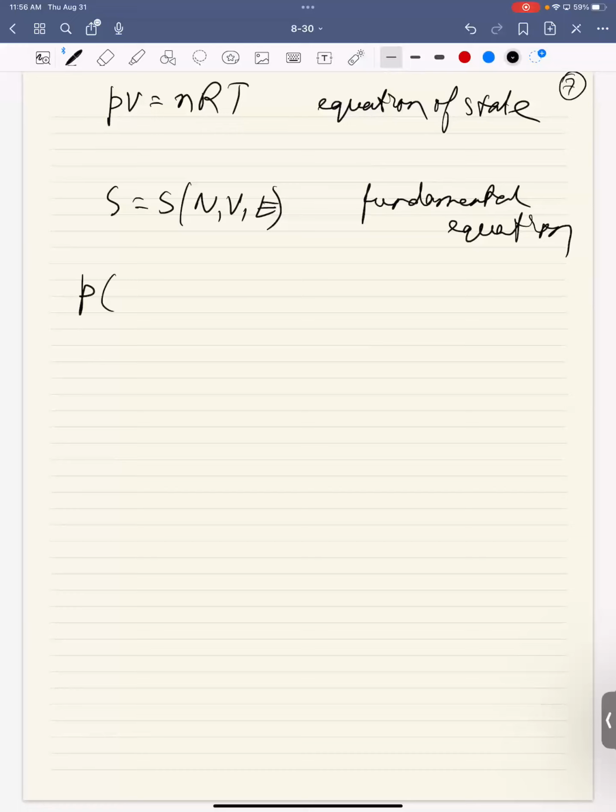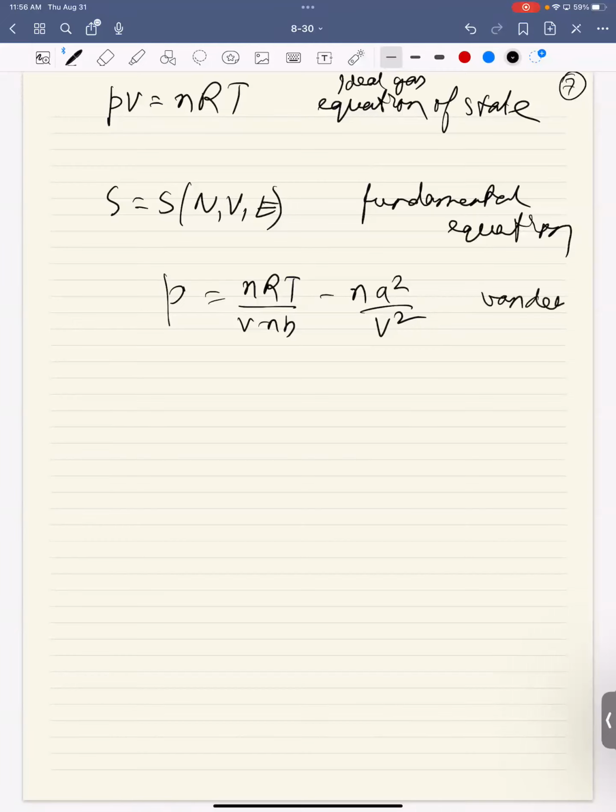Van der Waals says that no, they are not just point-like, and there is some attractive force between them. Right? This is the Van der Waals equation of state. So this is the ideal gas equation of state, and this is the Van der Waals equation of state.